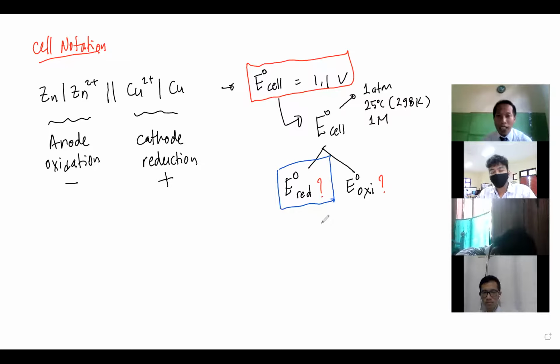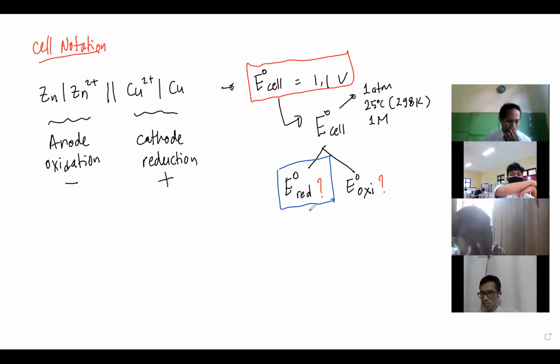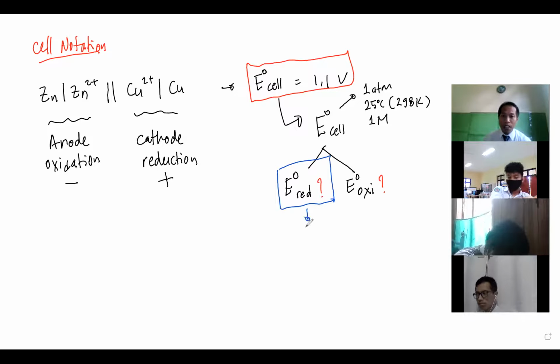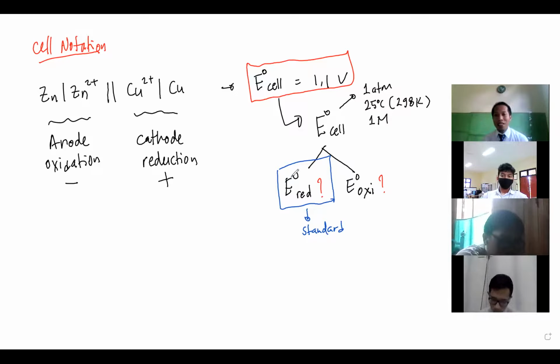So that's why they need to use a standard to find the E0 reduction, because if both of them are unknown, then it's difficult to find.